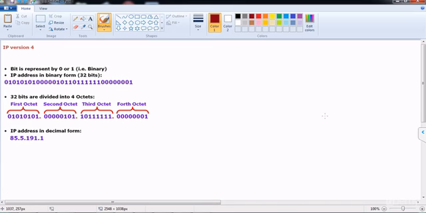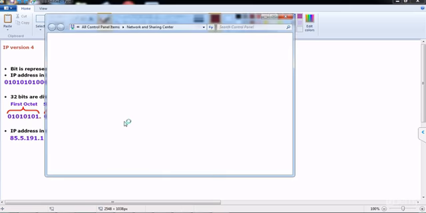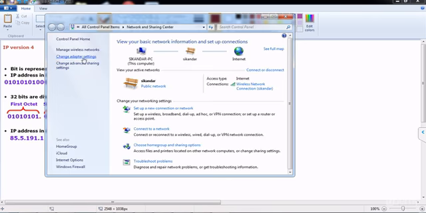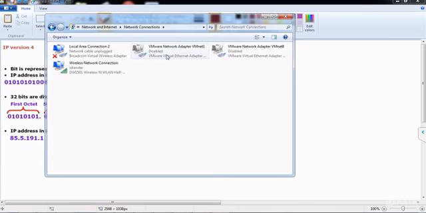Anything more than 255 is not present in any IP address. If you want, you can try assigning the IP address on your network computers. You can go to network places, go to adapter settings, and check.